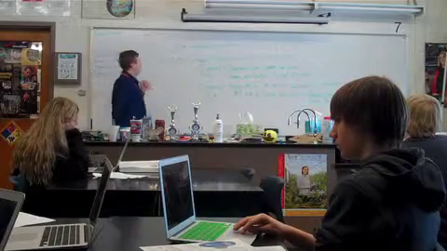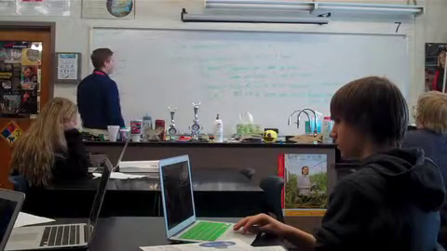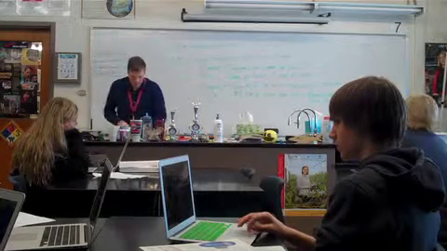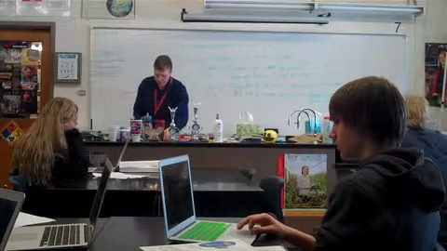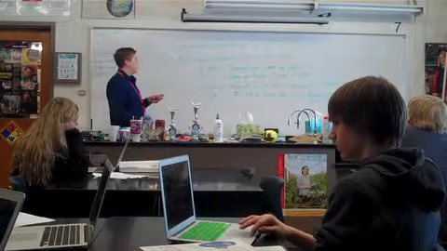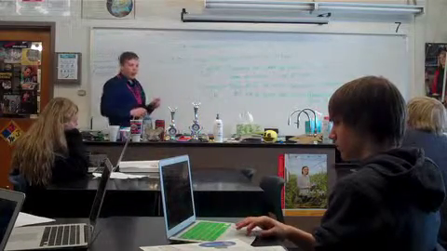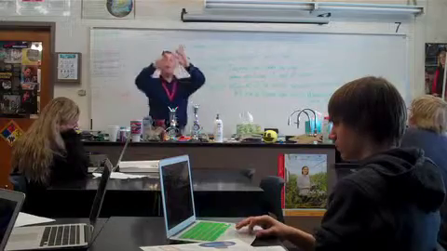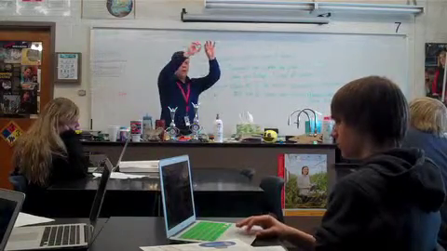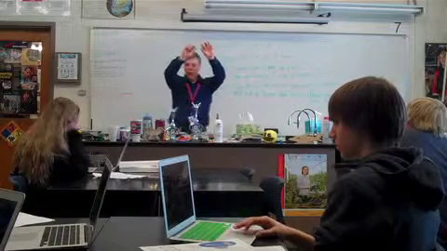All right, so 1, 2, 3, 4, 5, 6, 7, and 8. We need to get there. Actually, 7 is kind of a weird one. It's two things in one, I guess you could say. So these are the two things that were found in dish number 7.